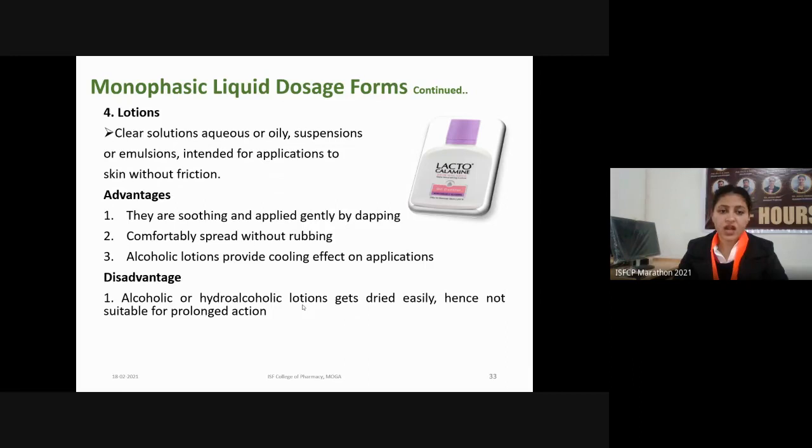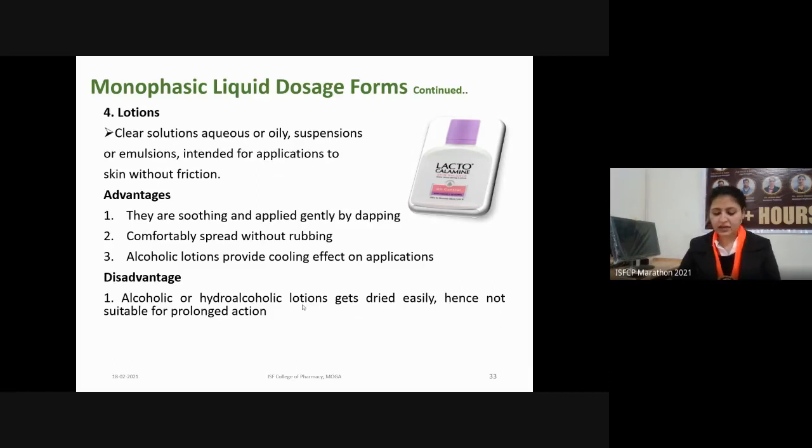Our fourth external monophasic liquid dosage form is lotions. Lotions are clear solutions, aqueous or oily solutions, suspensions or emulsions intended for application to the skin without friction. This is the basic.